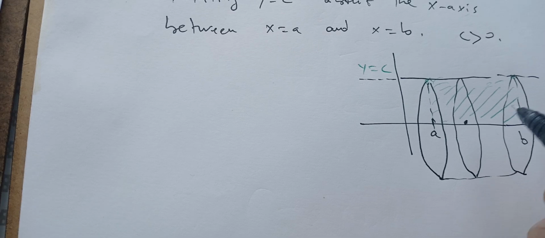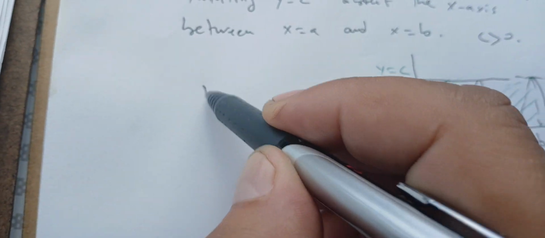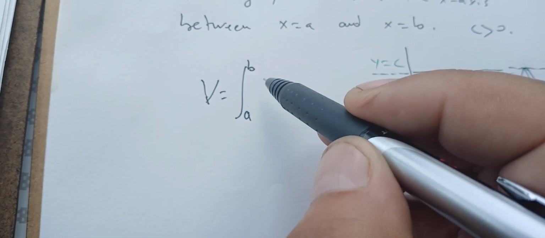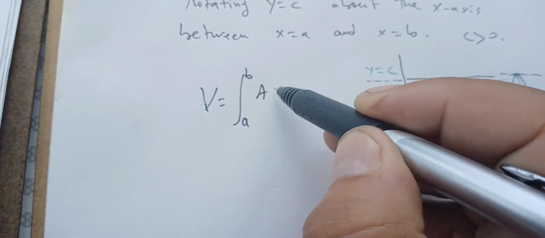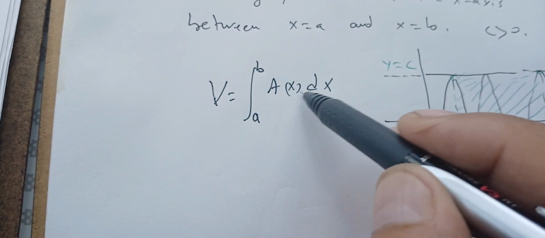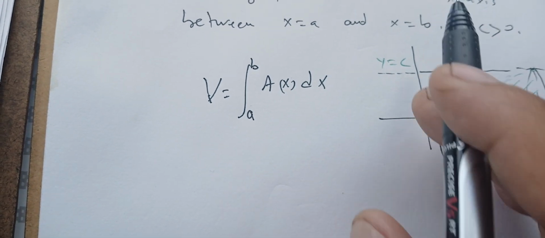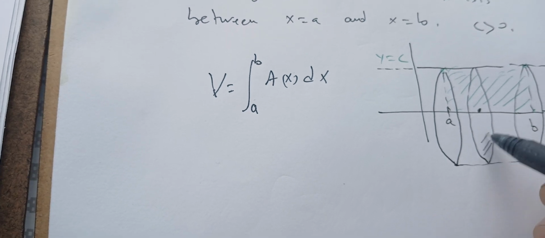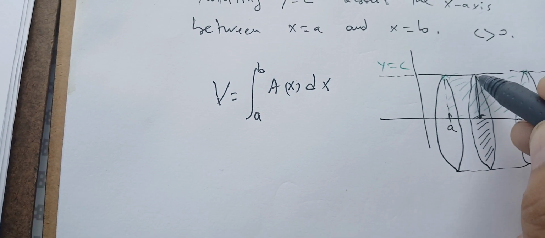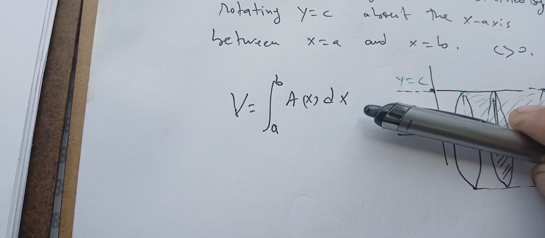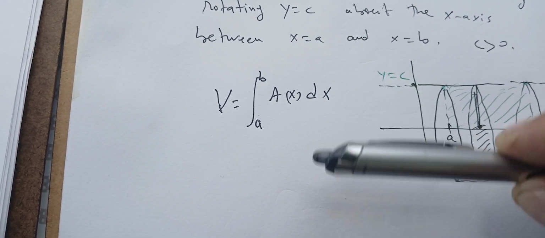To do so, we need to use this formula that we know: the volume of the solid between a and b is going to be the integral between a and b of A of x dx. A of x is a cross-sectional area, and in this case it's a circle of radius c. So this is the radius here, because when we rotate we obtain the cylinder.